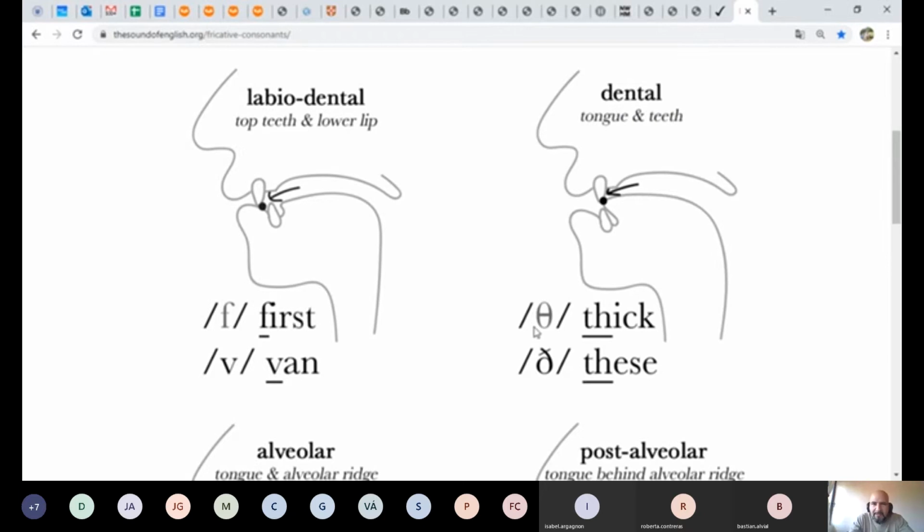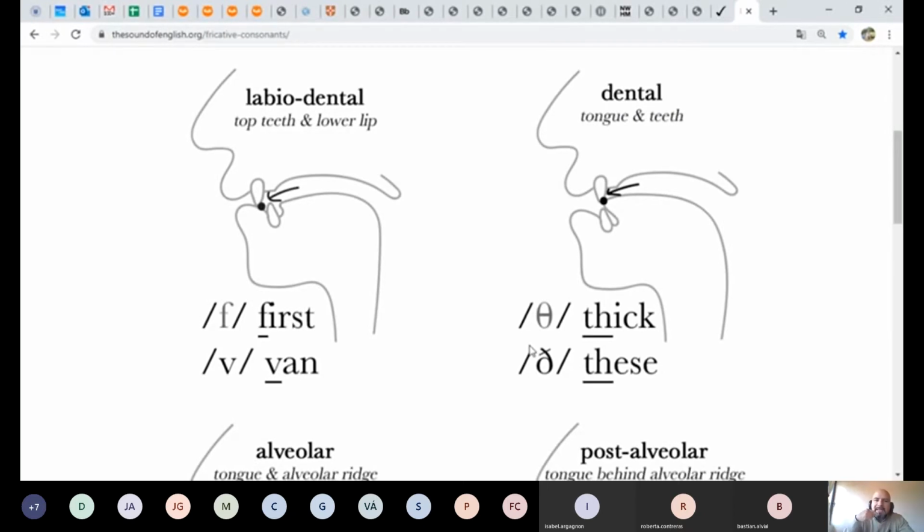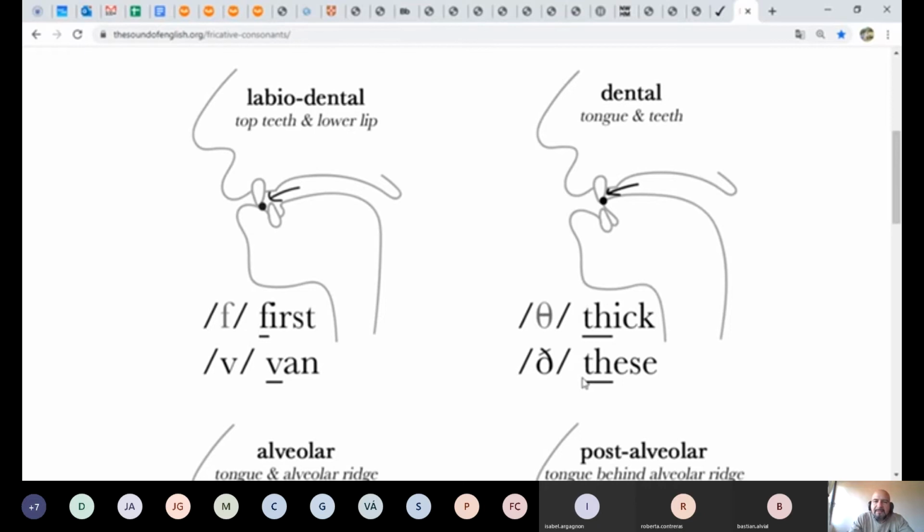So both of them have the same place of articulation. You place your tongue in between, like this, right? And then you say thick in the first one, and in the second one, you say this, these, the.